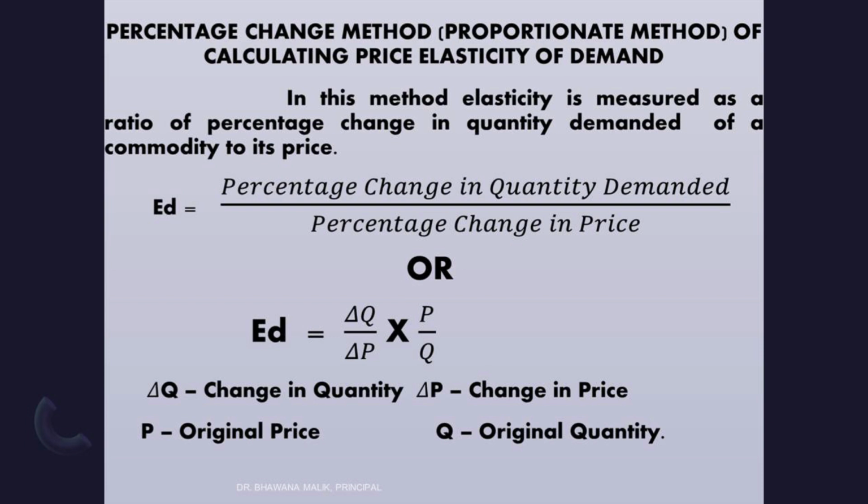So the formula for ED is percentage change in quantity demanded divided by percentage change in price, or the numerical formula is delta Q divided by delta P into P upon Q. Delta Q denotes the change in quantity, from Q1 to Q2, and the change in price is denoted by P1 to P2, with the original price and original quantity as given in the question. We are going to write it down as it is.